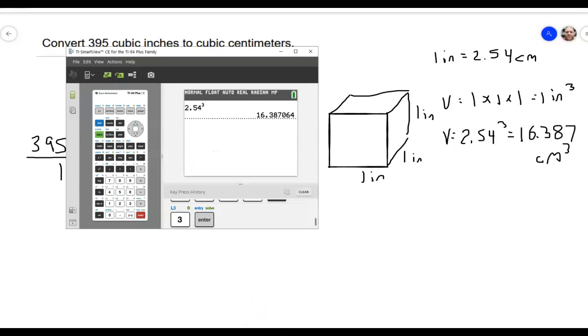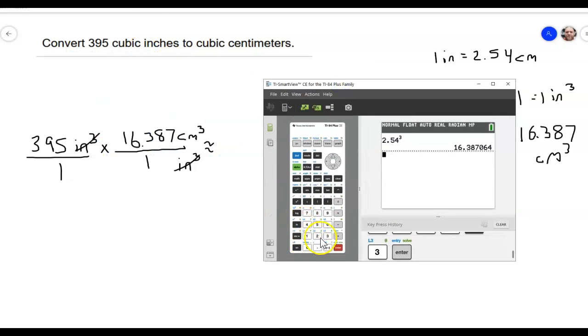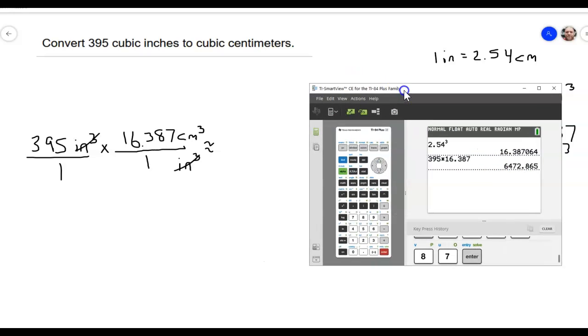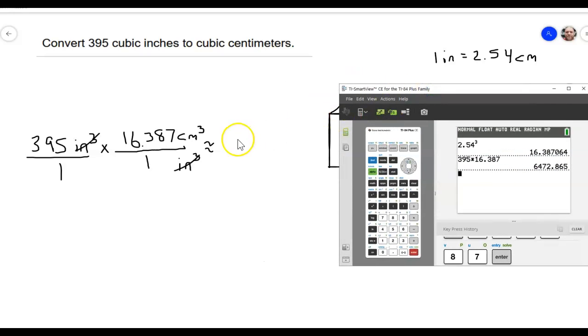Let me pull my calculator up. So this is going to be 395 times 16.387, and we're going to get about 6,472.9.